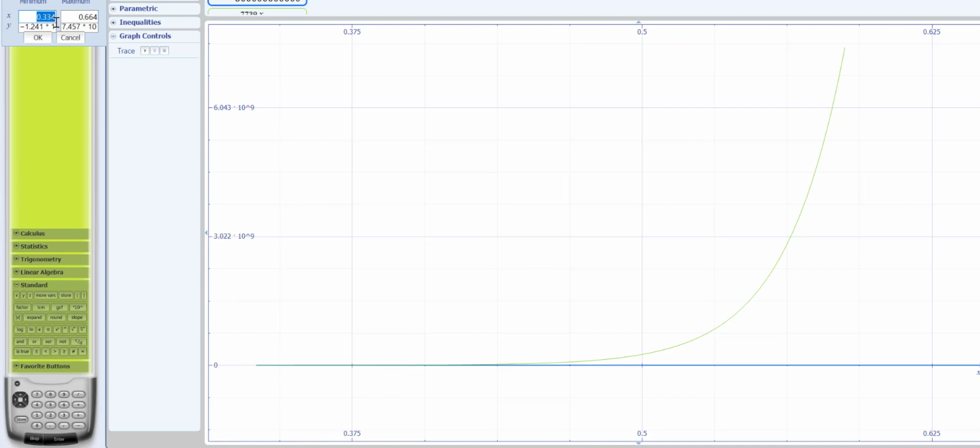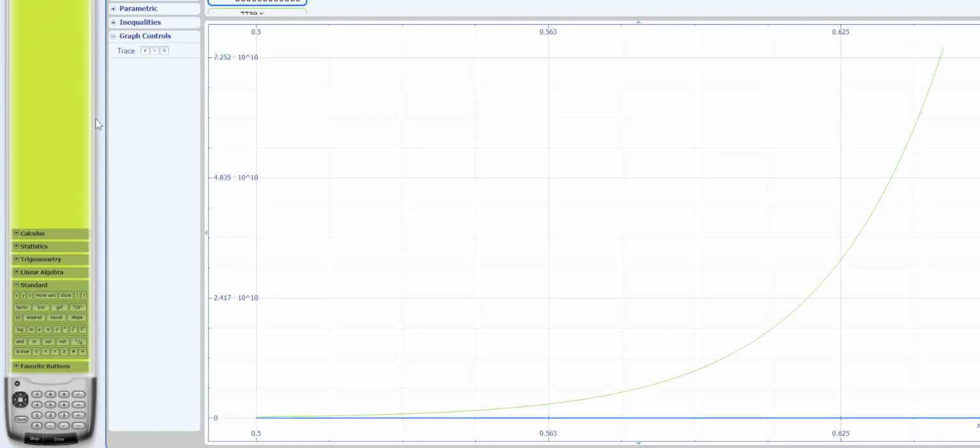Let's move it from 0.5 to 0.9 times 10 to the power 10. Power 9.